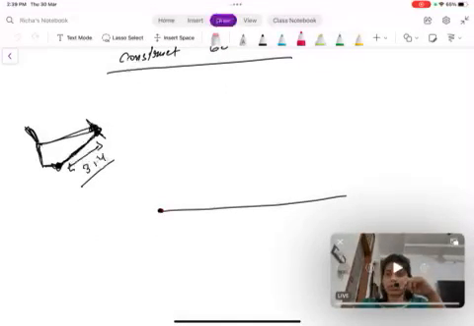Once I have decided the length, I will cut an arc here. For an easy way of understanding, let's suppose I took it as 3 centimeters. Now again, with this as center, I will cut another arc of the same length.